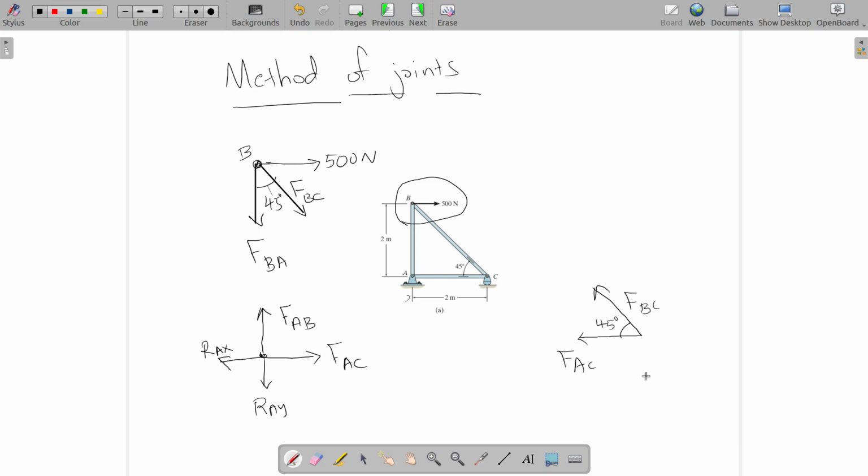You can assume a direction, let's say this is upward, this is RC, because this is a normal force. There is no support reaction in the horizontal direction.